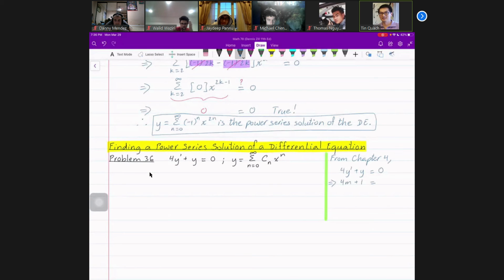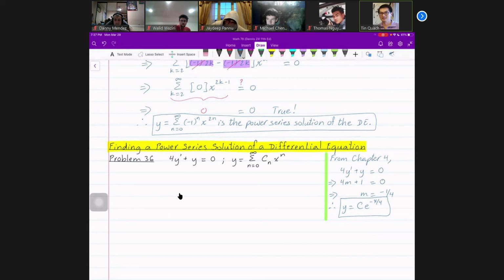I wonder if you noticed that after learning chapter 4. Then you know that m is equal to -1/4. Therefore, the solution is equal to a constant times e to the -x over 4. Okay, so that is the solution that you got when you use the method that you learned in chapter 4.